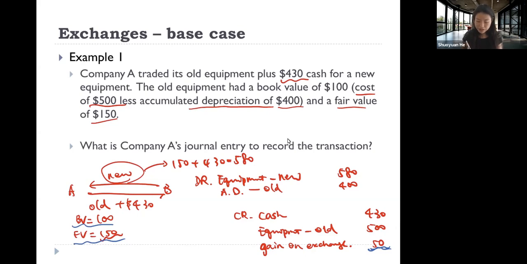So this 50 can also be viewed as the difference between the fair and book value of the old equipment.